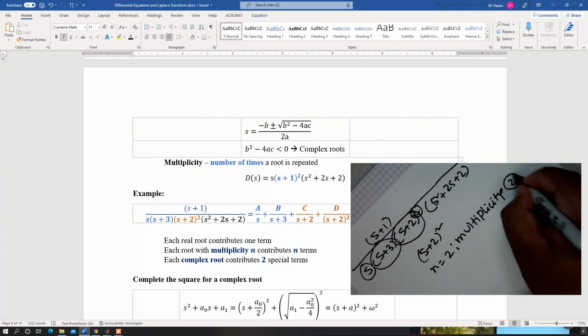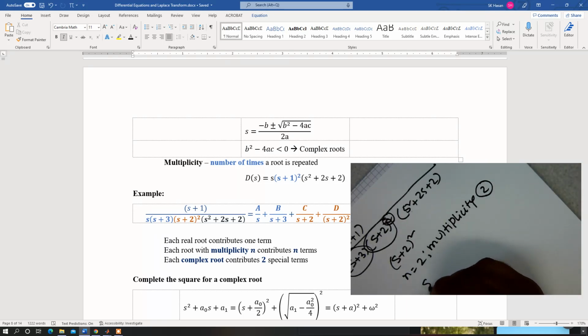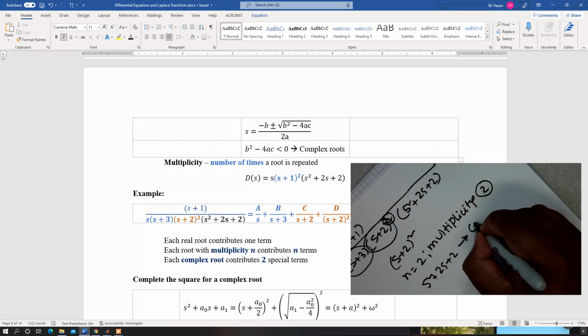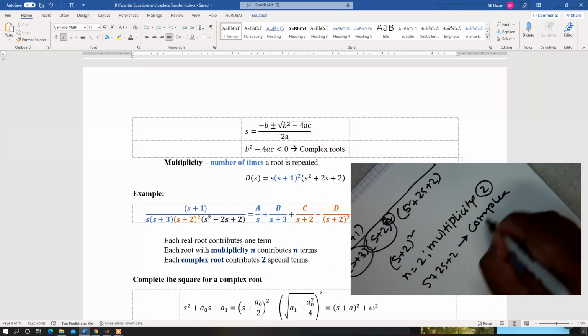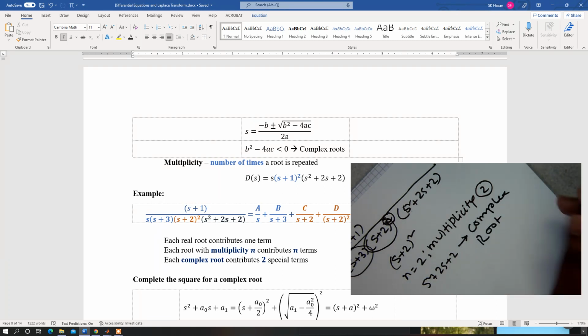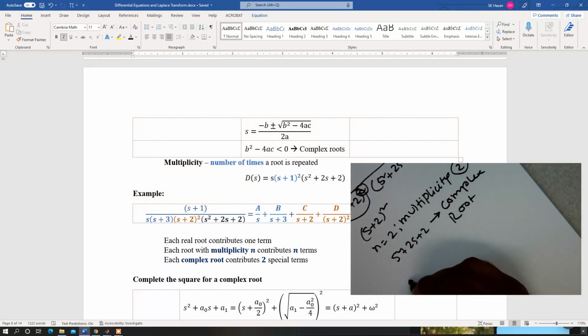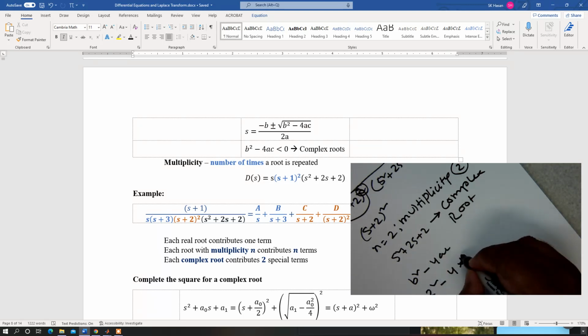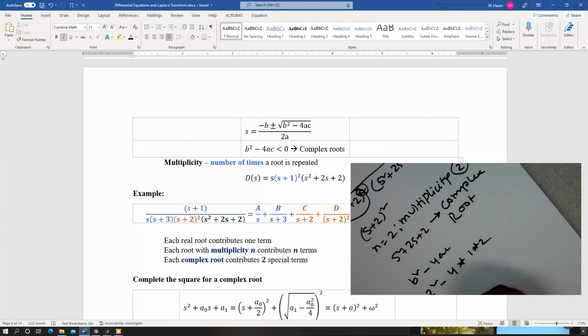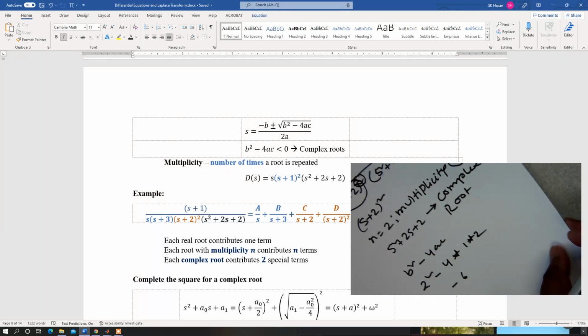Then s square plus 2s plus 2 is the complex root. How do I know it's a complex root? Because b square minus 4ac is 2 square minus 4 into 1 into 2, which is basically minus 4, so that's why it's a complex root.